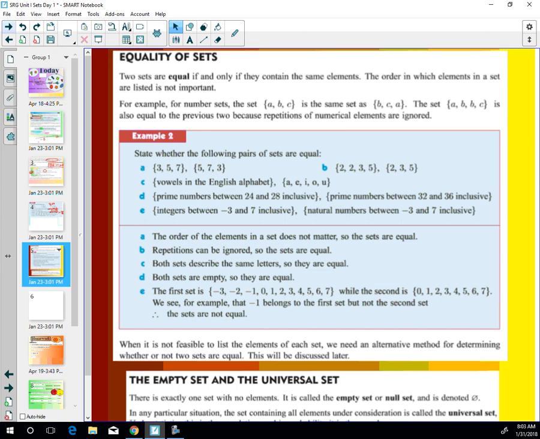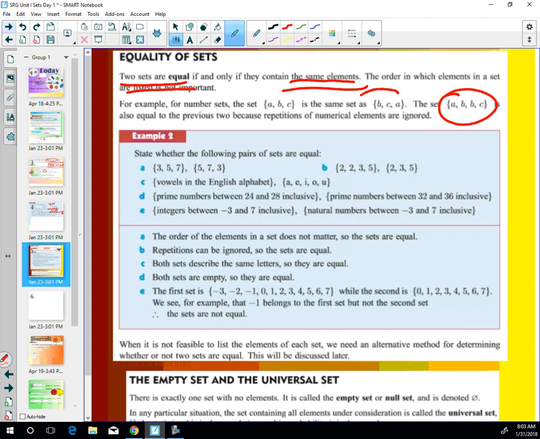Equality of sets. The only tricky part there is that the members are equal. So the two sets, the elements are equal. You can have duplicates and still be the same set. So BCA and ABBC are considered equal sets. Order doesn't matter, and repetitions do not matter.